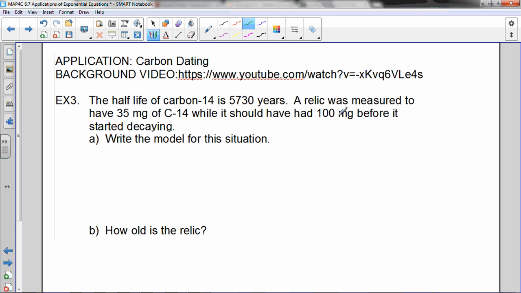Well, it should have 100 milligrams before it started decaying. So write the model for this situation. Well, this was it. Or the fraction of half, doesn't matter. A equals whatever, and we're going to have to figure these out. T equals and H equals. A was the amount at the end, after it decayed, right?